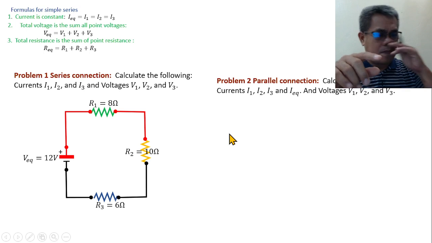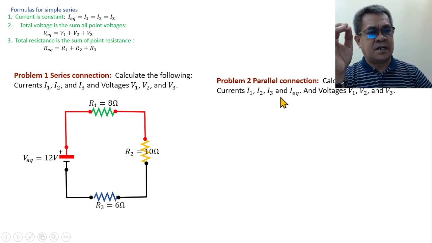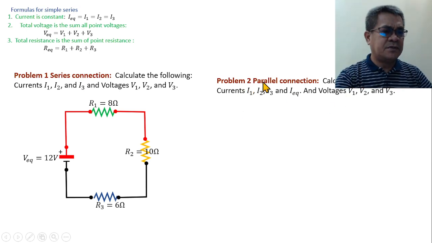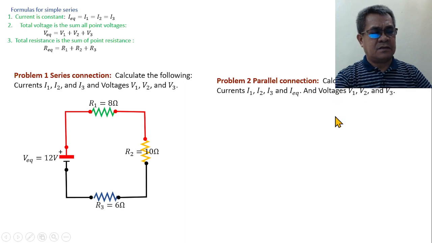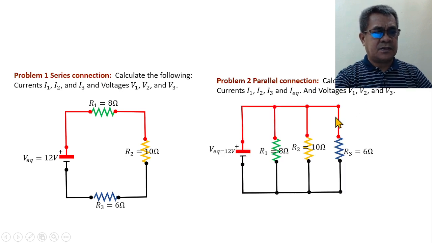Now, in parallel circuit, again, we have problem number 2. Calculate the following currents, I1, I2, and I3, and I equivalent, and also the V equivalent. And this is the circuit. Same resistors, R1, R2, R3, but they are connected in different connections.